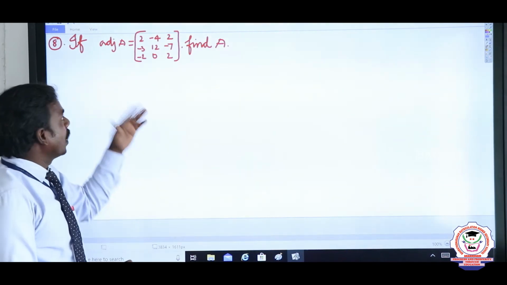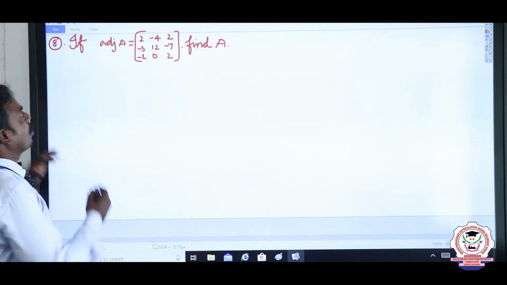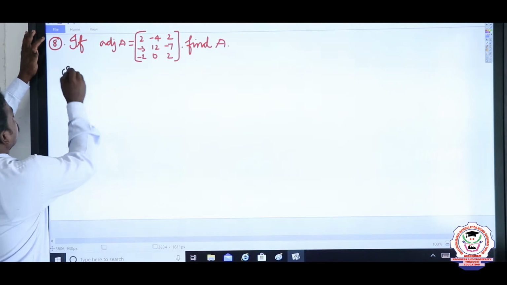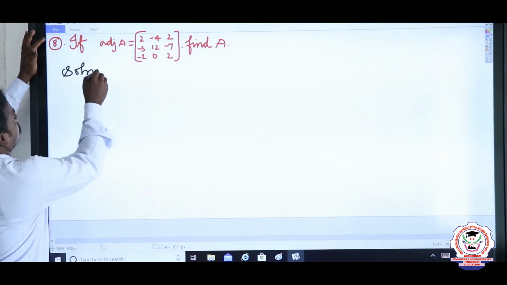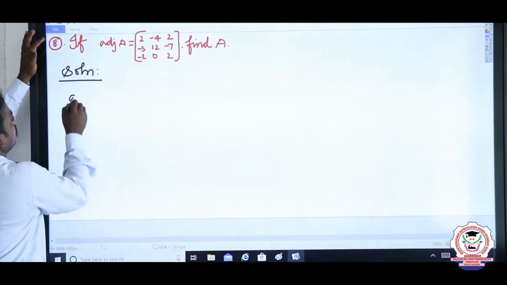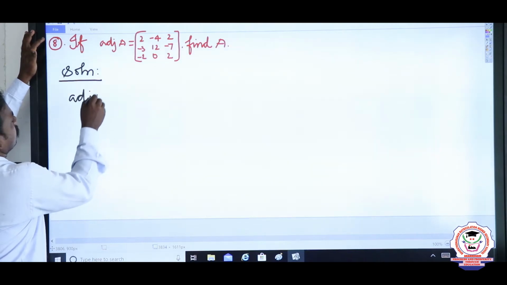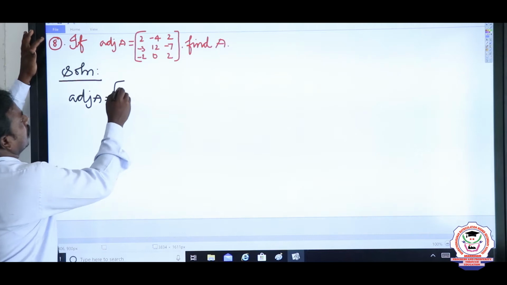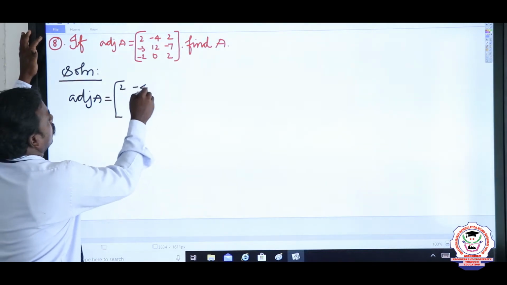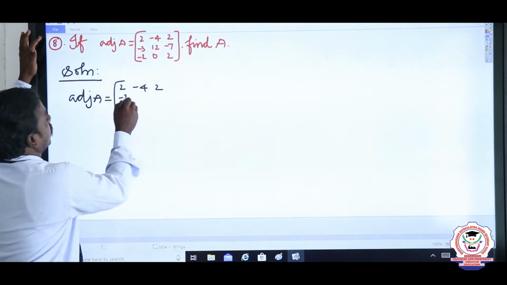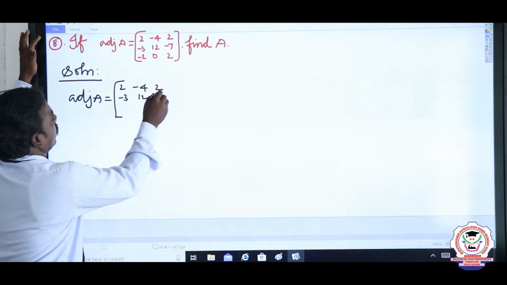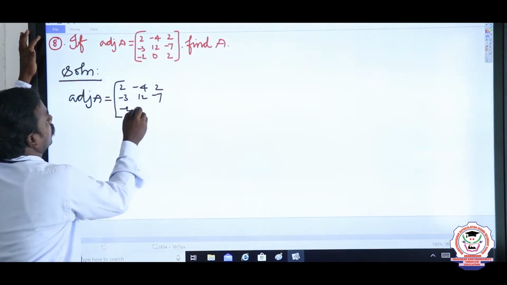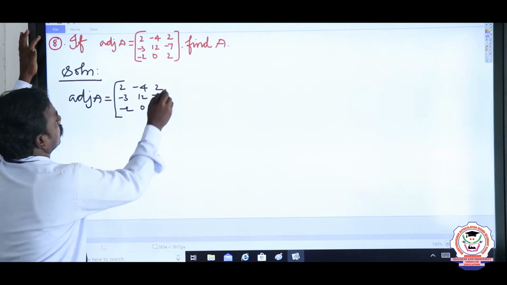Very simple. If they give adjoint and ask to find A, there is a formula. In the solution, first the given matrix, that is adjoint of A, equals the 3 by 3 matrix: 2, minus 4, 2, minus 3, 12, minus 7, third row minus 2, 0, 2.